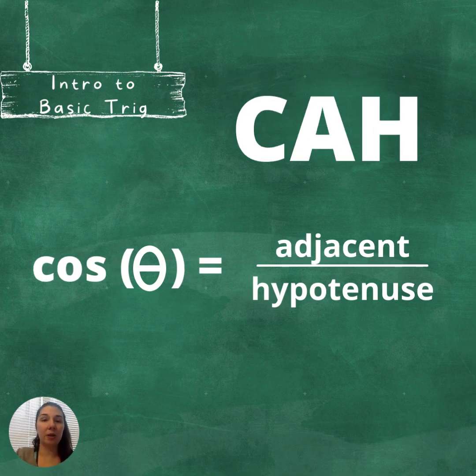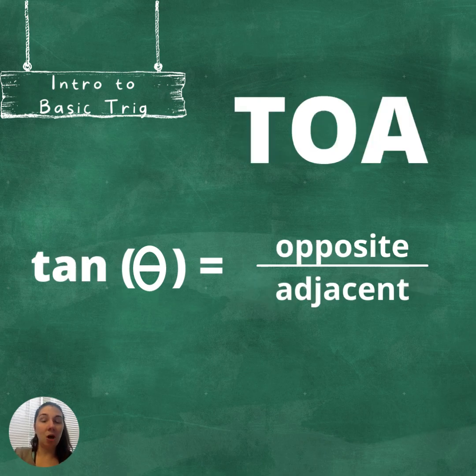That's the SOH. The CAH stands for cosine of an angle equals adjacent over hypotenuse. And then TOA stands for tangent of an angle equals opposite over adjacent. So again, SOHCAHTOA is a mnemonic device to help us remember how to set up the problems.